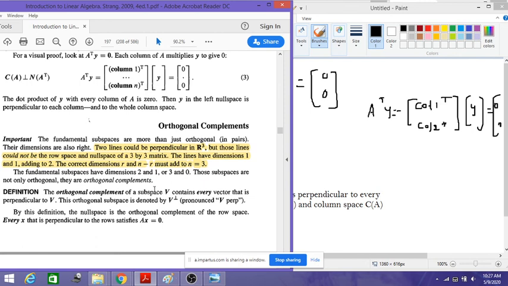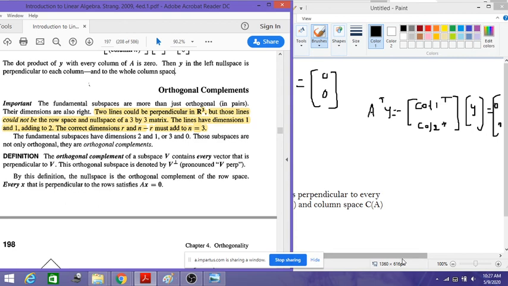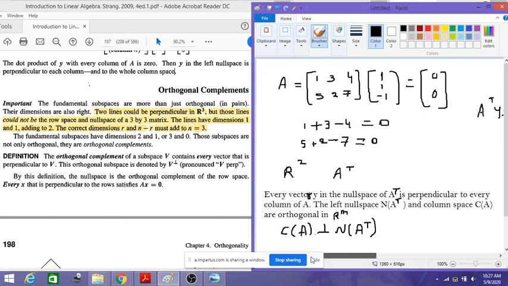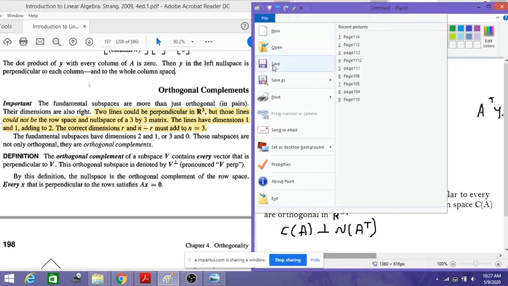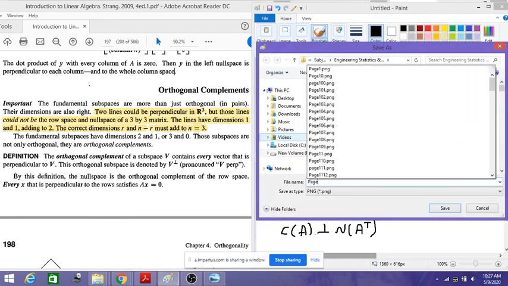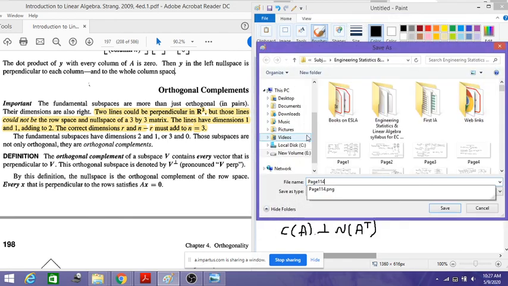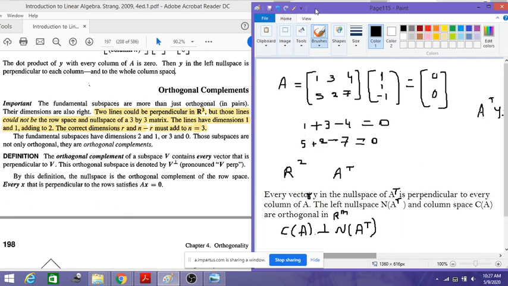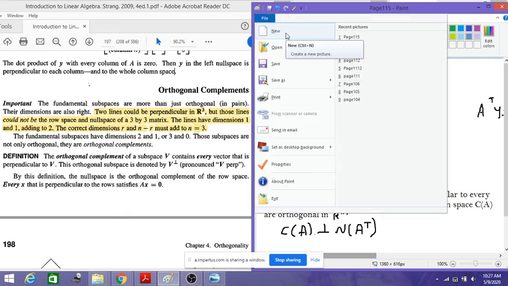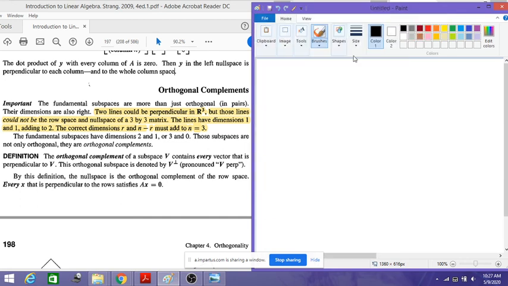Now we will look into the orthogonal complements, not components, sorry.